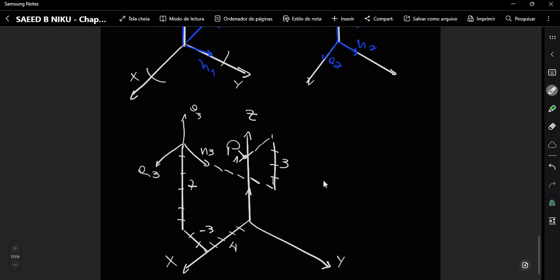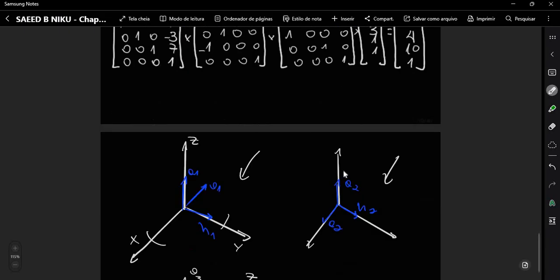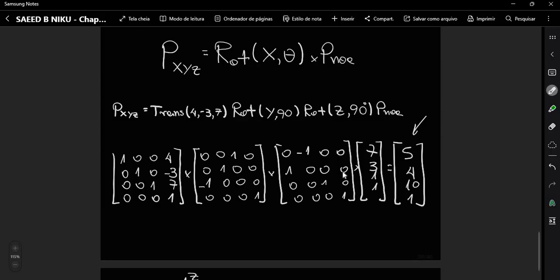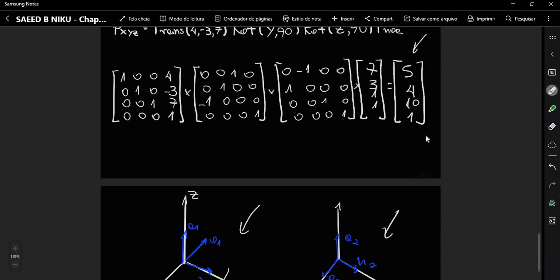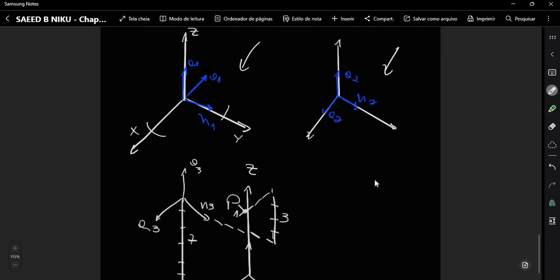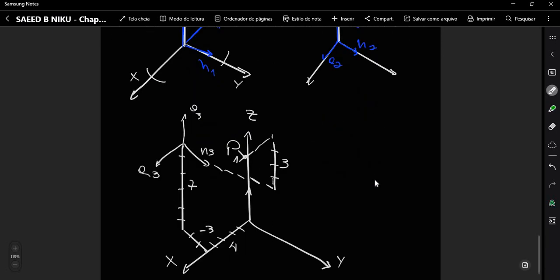And that's it. And applying these successive transformations, we are able to track the final position or rotation of the point, which is this one that we drew. Okay.